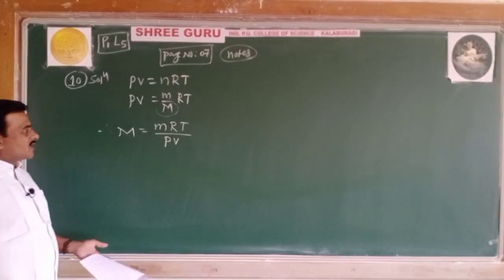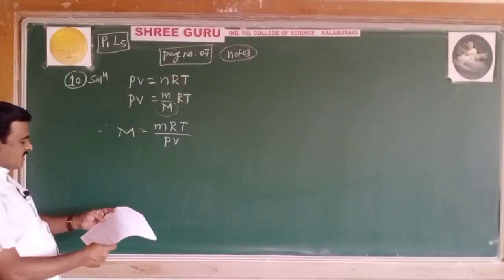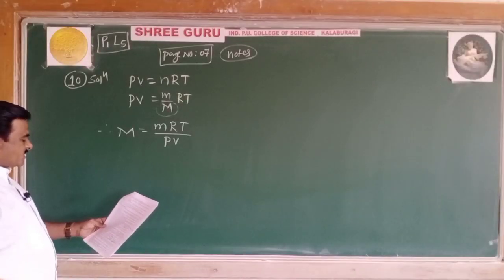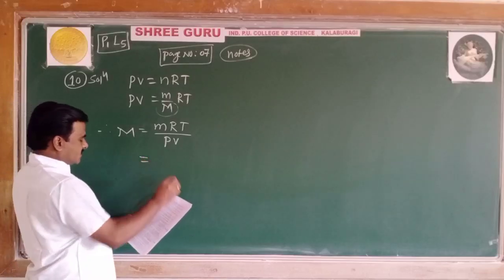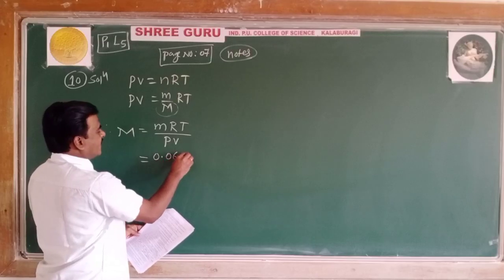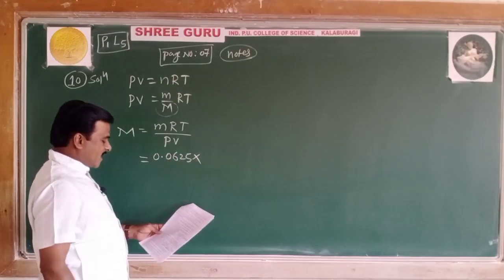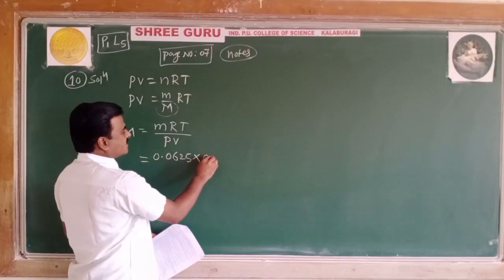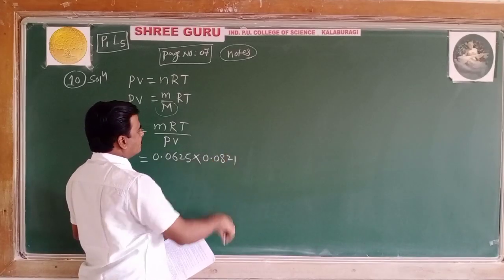Then substitute what is given. The mass of phosphorus vapors is 0.0625. R value is 0.0821.